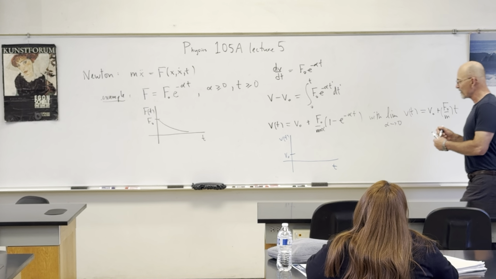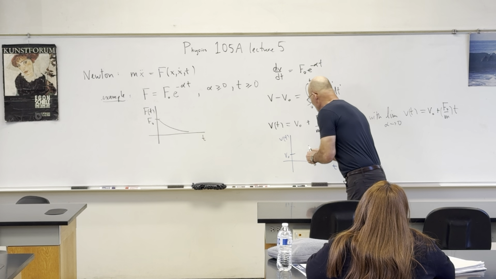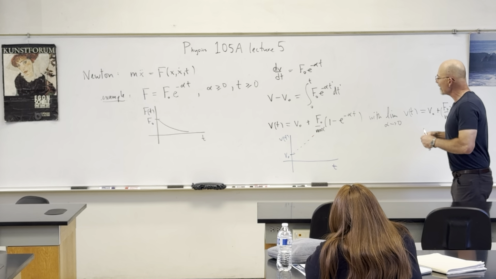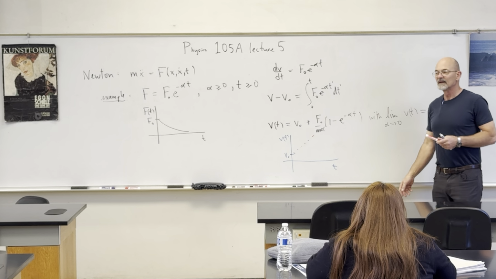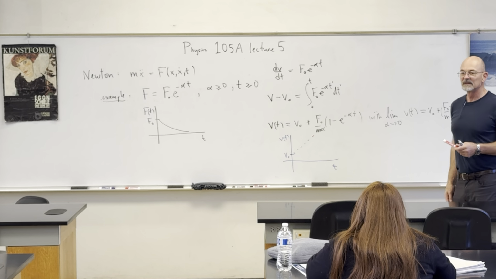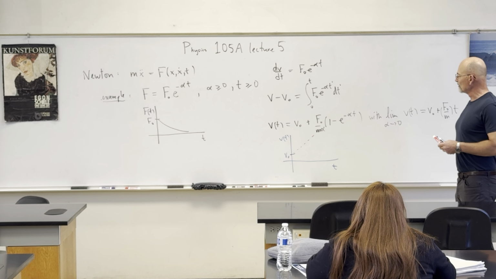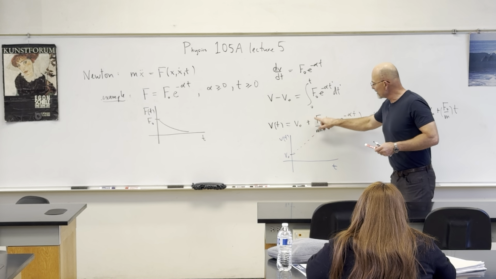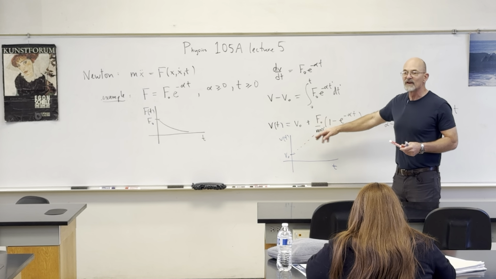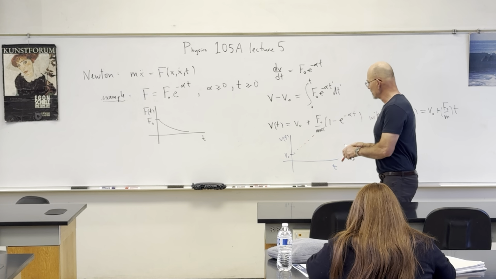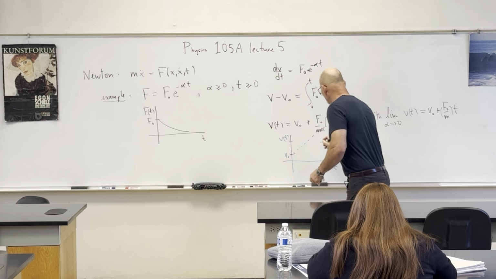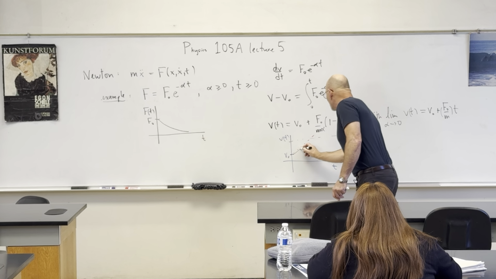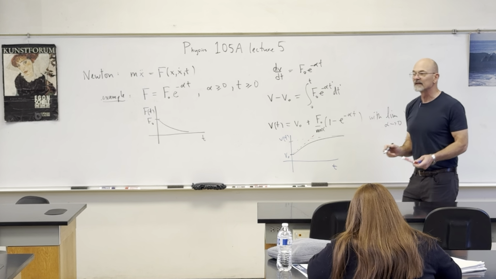The limit, actually, how about I do that as a dotted line. We would have that. But how about this graph here? This one's got a little trickiness to it. What we have to realize is as t goes to infinity, this just goes to v naught plus F naught over m alpha, which is another constant. And so apparently it's going to somehow go up against this thing asymptotically.